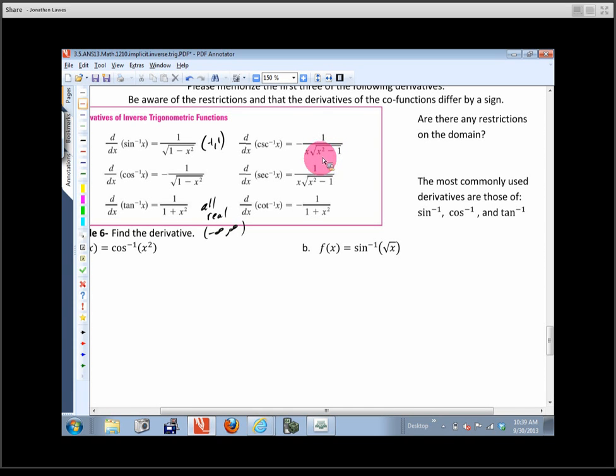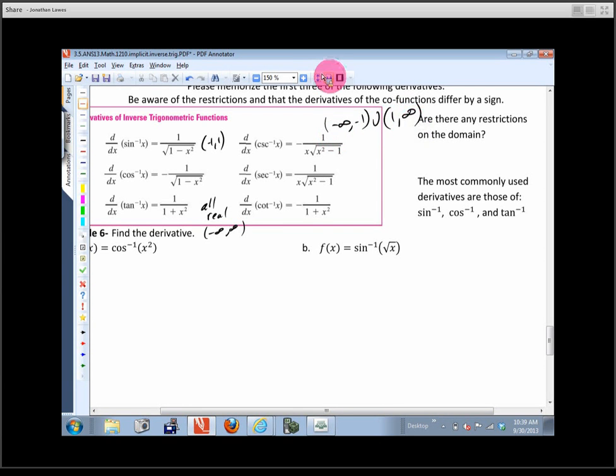So whatever we plug in for x, it better square to be something that is bigger than 1, if you want to think of it that way. Which would be anything bigger than 1 will square to be bigger than 1, and anything smaller than -1 will square to be bigger than +1. So it's -infinity to -1, not including those endpoints, and then it starts up again at 1 and goes to infinity.